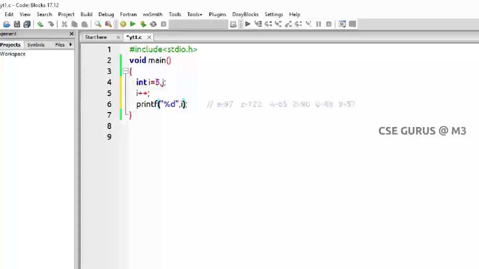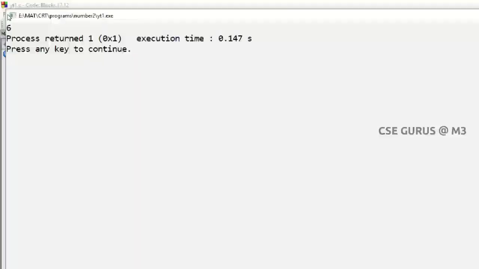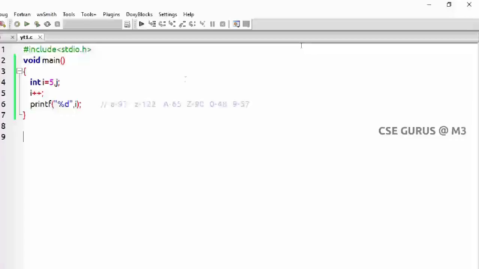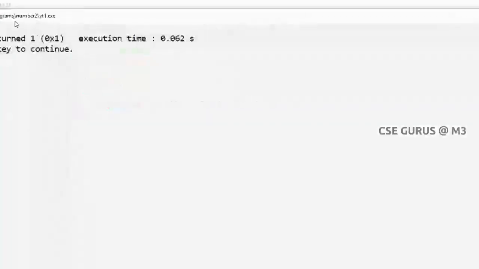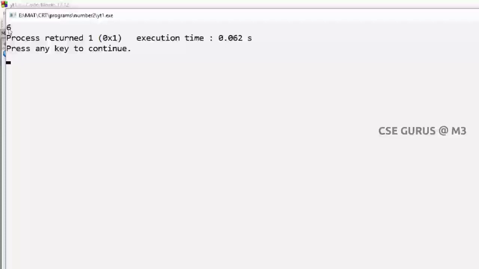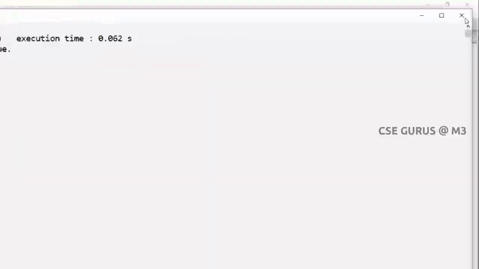Anyway, both are increments only. i plus plus means the value 5 will be incremented and then the value will be printed, which is 6. You can see the output. Yeah, the output is 6. Now can I write plus plus i? Again the output you will get is 6. Yeah, the output is 6.